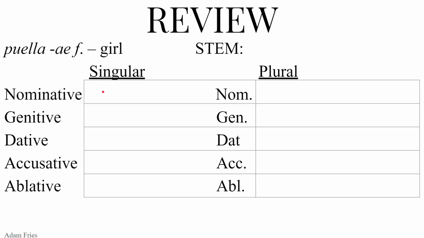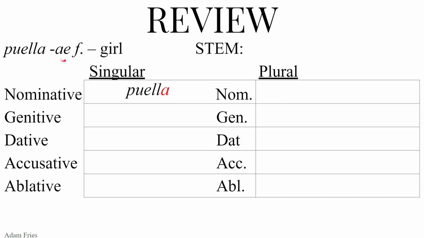So as a review, let's take a look at how to decline a Latin noun, and then we'll look at the nominative case in particular. So the dictionary entry right here, puella, ae, feminine, girl. We have the nominative singular, the genitive singular, the gender, and the English definition. We're going to start with the nominative singular, puella, and that goes in the nominative singular blank.